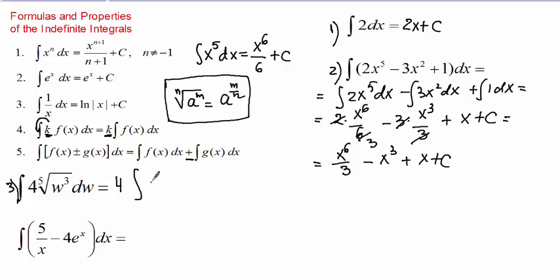Writing the fifth root of w to the 3 as the power 3 over 5, we are applying the first rule, the power rule.